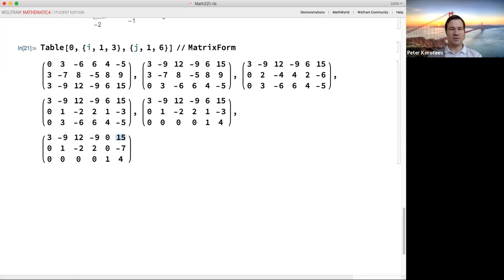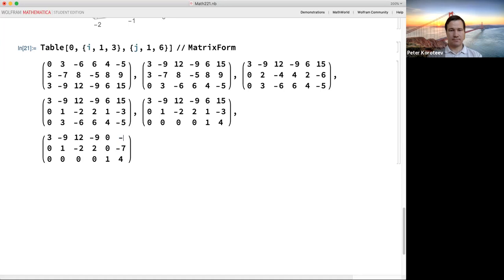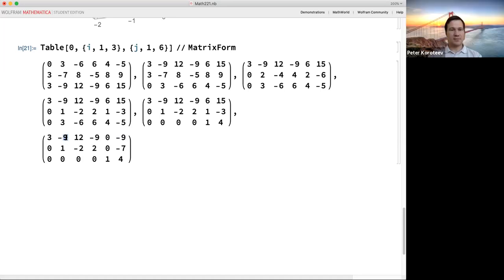Instead of 15 we get -9. That takes care of this. If we did what you suggested first, this number would still change again. But now with 0 here, we don't have to worry about these numbers anymore.